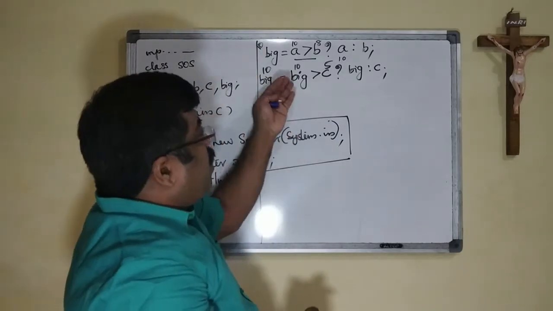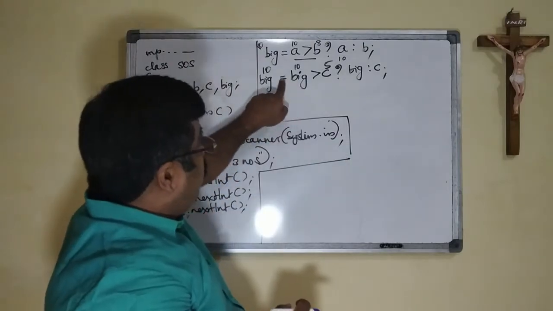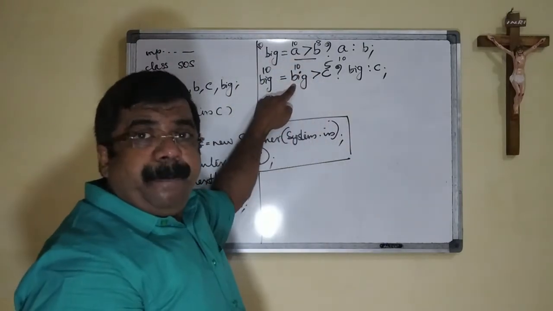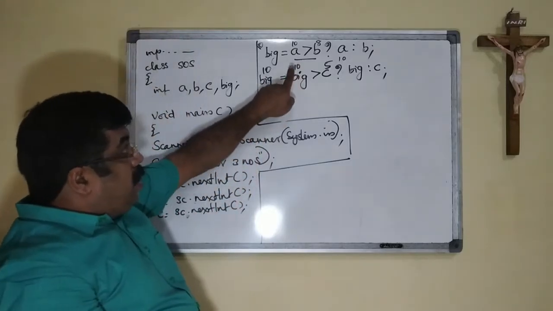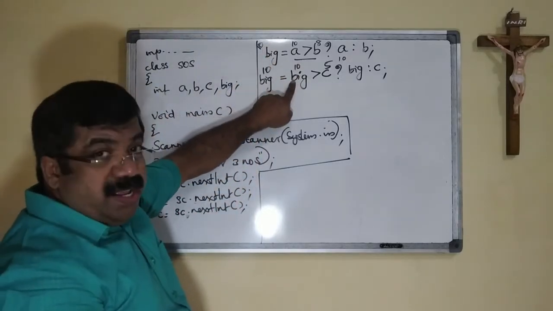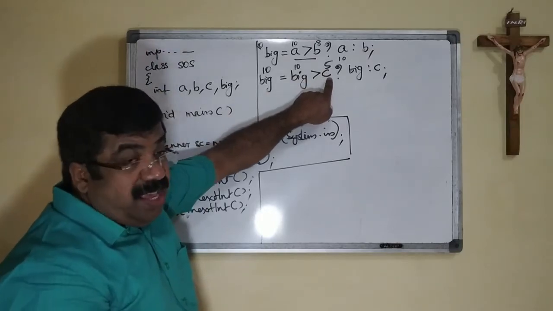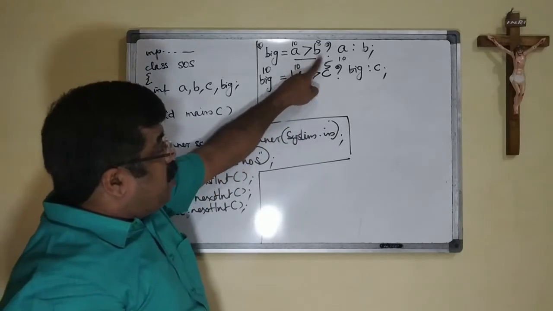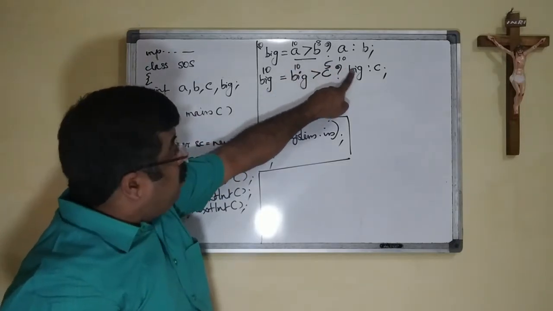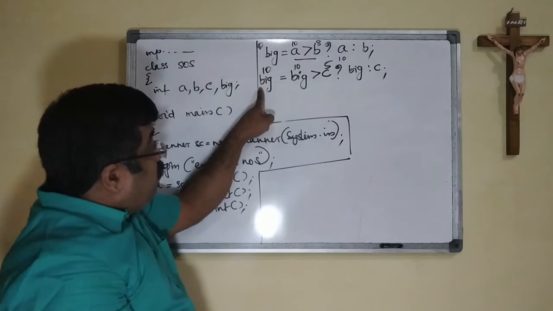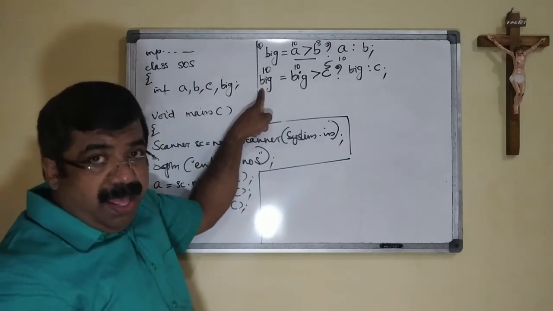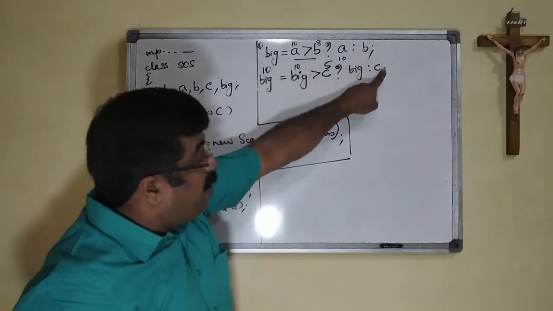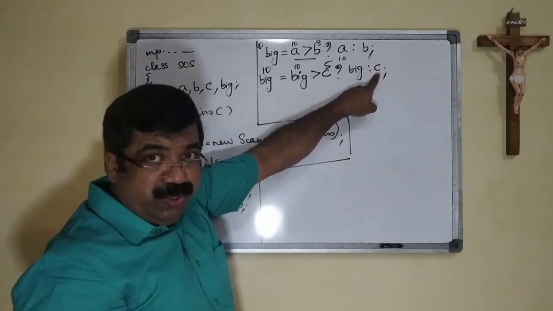Now, we wrote another statement to compare the present big with the third number. Check it. Big, the value 10, is greater than the C, which is 5. Yes, 10 is definitely greater than 5. So the 10 itself will be stored in the big. Otherwise, what will be stored? Otherwise, the value of C will be stored.